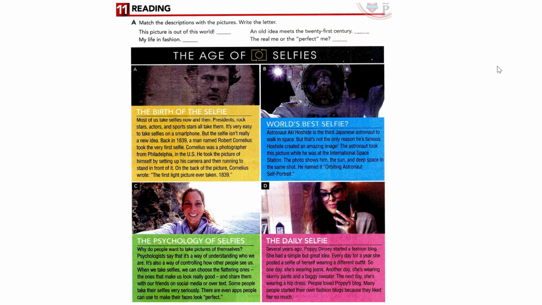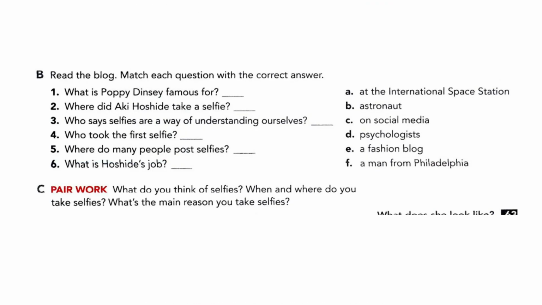Okay, so let's do this and we will be done for the night. Read the blog, match each question with the correct answer. What is Poppy Disney famous for? A fashion blog. Yes, very well. Number two, where did Aki Hoshida take a selfie?